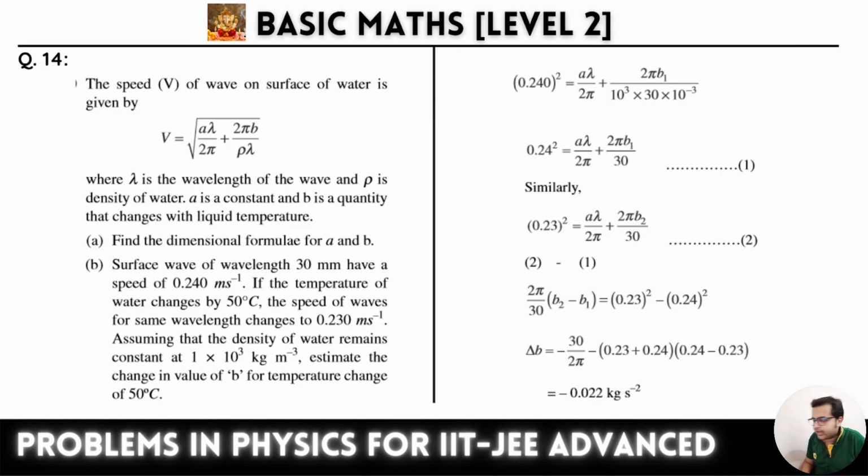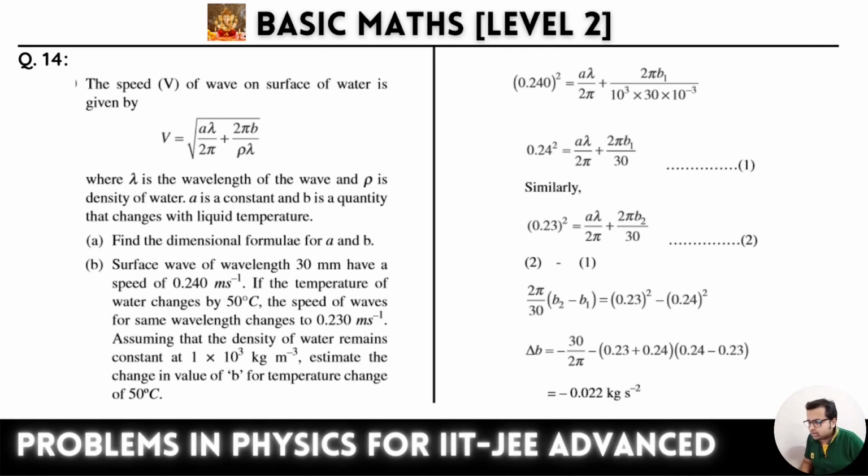Similarly, we get the second equation, that is, we put v to be 0.23. So 0.23 square is equal to Aλ upon 2π plus 2π b2 upon 30, because the wavelength will remain the same. Now what we do is 2 minus 1, because we are calculating the change.